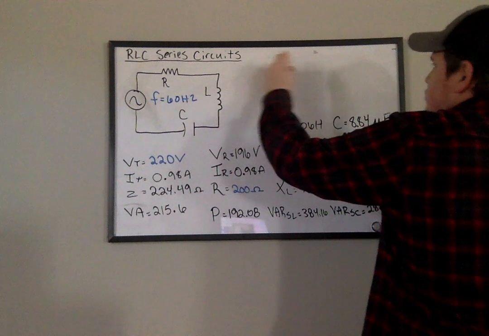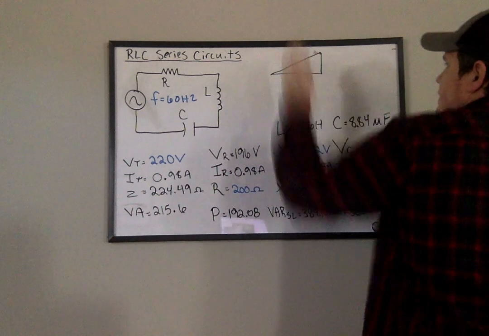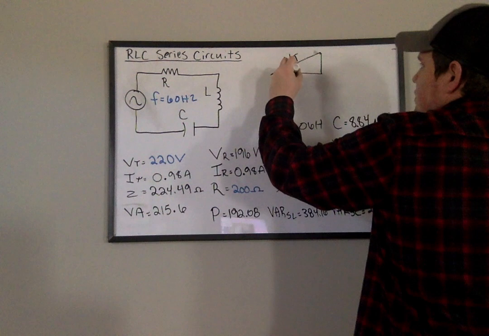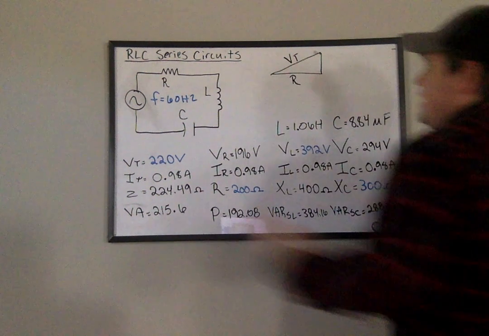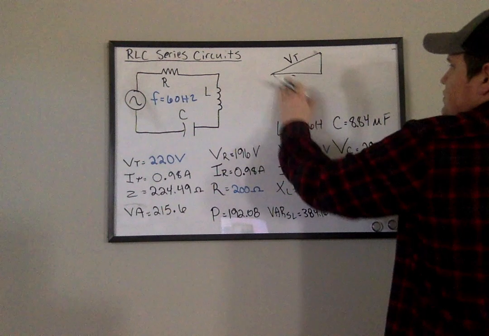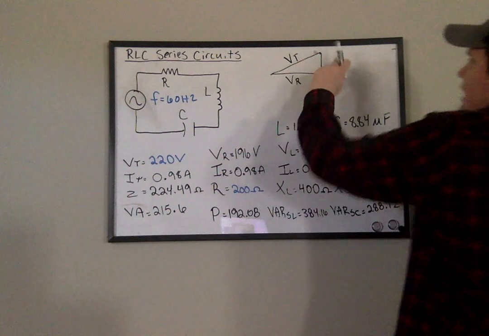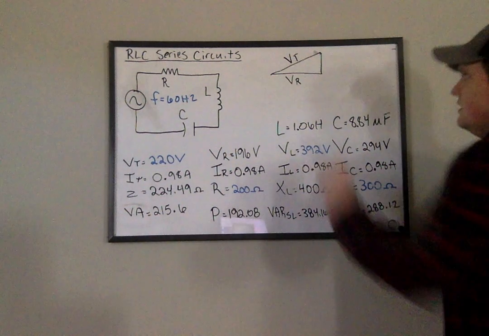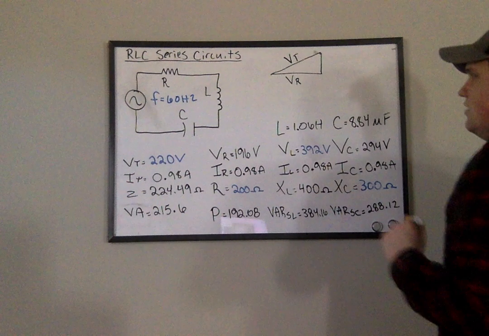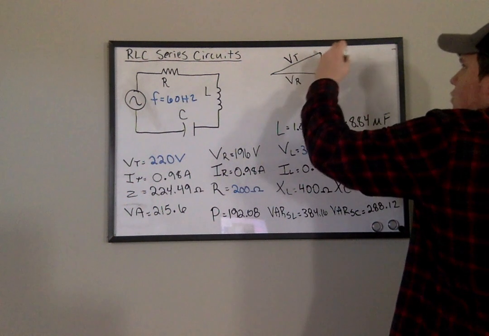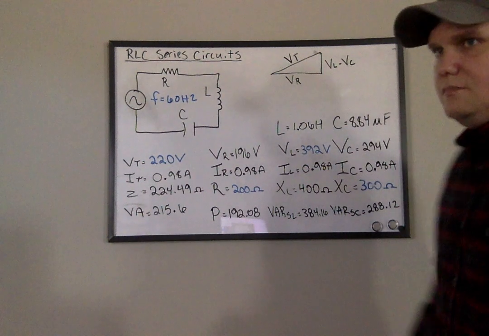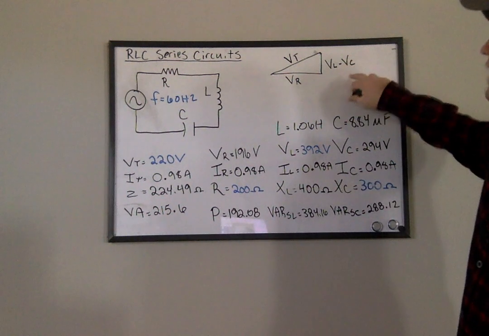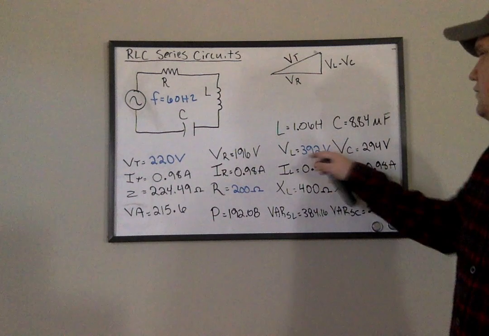Remember, the voltage triangle is essentially going to be voltage total, VR, and then this side, which we plotted on the graph in the RLC basics, is going to be VL minus VC. Remember, they're 180 degrees apart, so this side of the triangle is the difference between VL and VC.